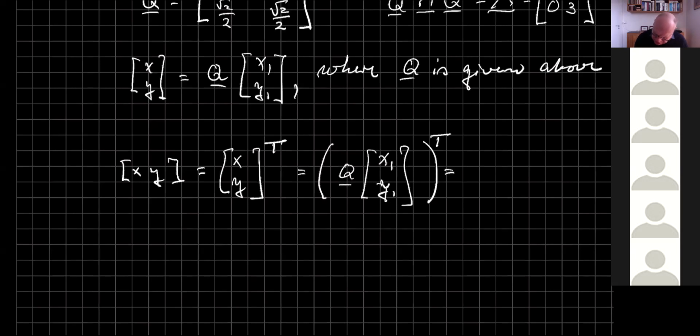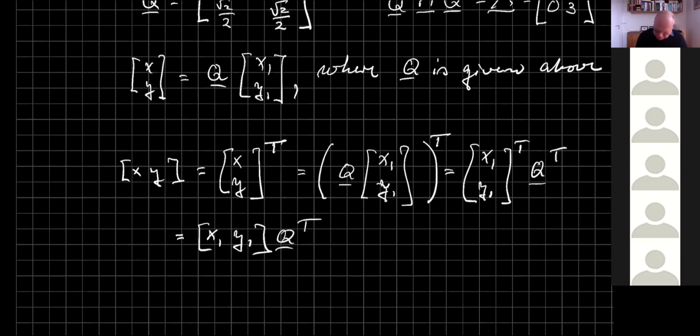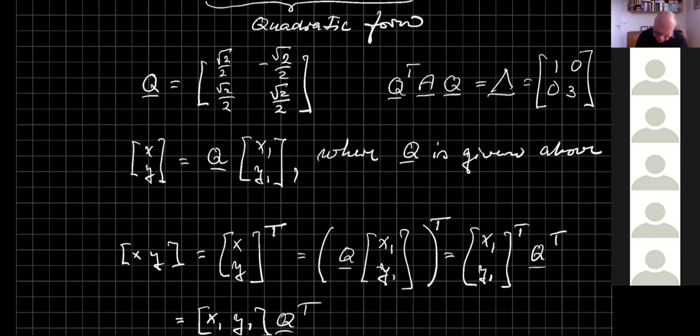And you transpose a matrix vector product by transposing each of the terms and then interchanging the order of the terms, so you get x1, y1 transpose times Q transpose. Now you can use this in the formula for the quadratic form.